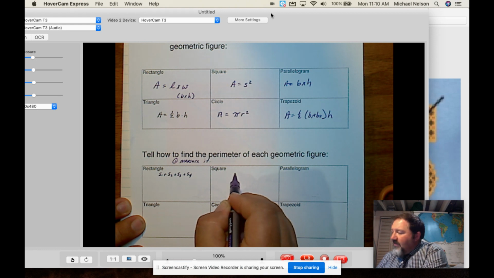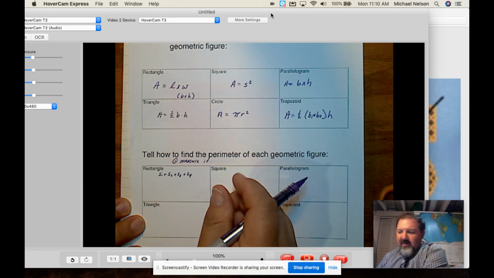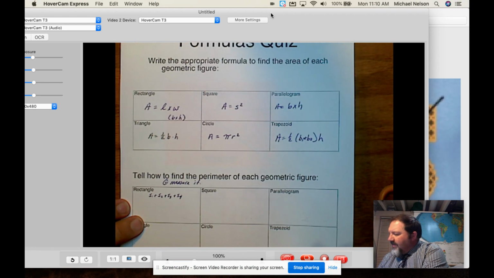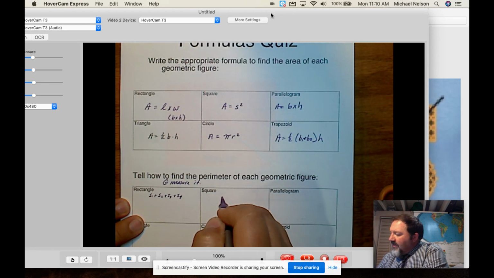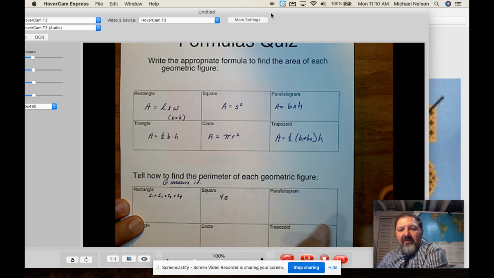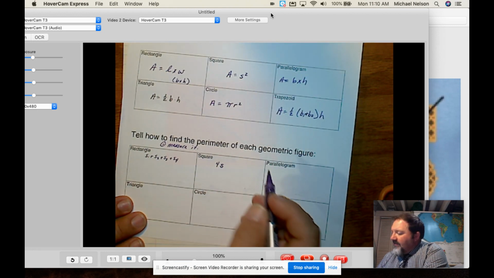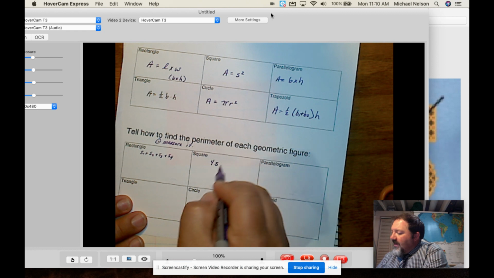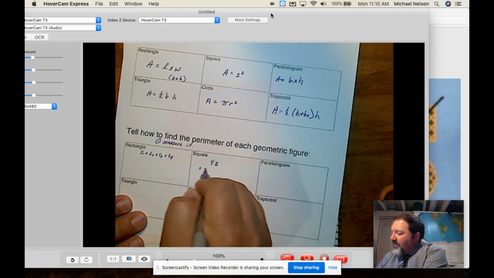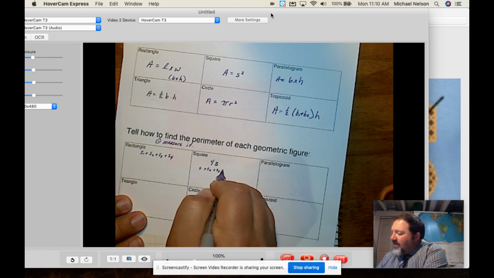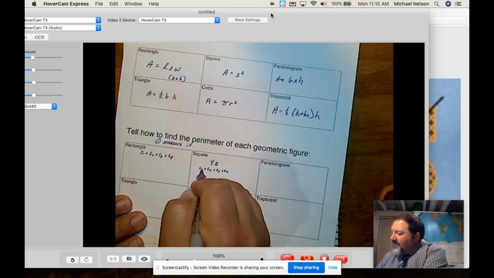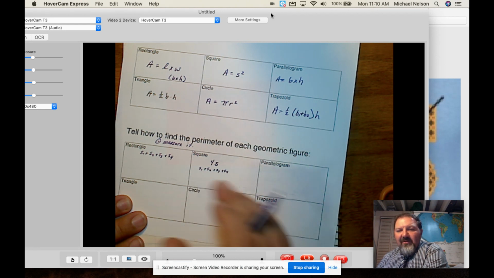When we figured our square up earlier, we had 3 by 3, so we just could do 4 times 3, or 4 times the side measurement. Okay, so that actually has a formula. You can go 4 times S. Or if you really had to, you could go side 1 plus side 2 plus side 3 plus side 4, but it's still all those sides added together.